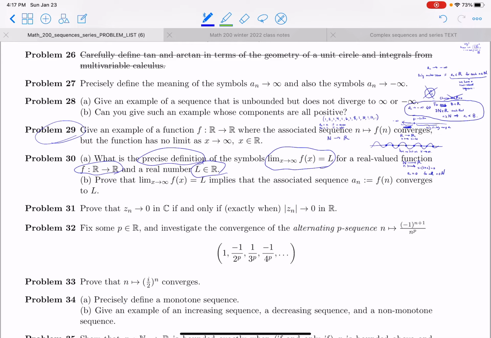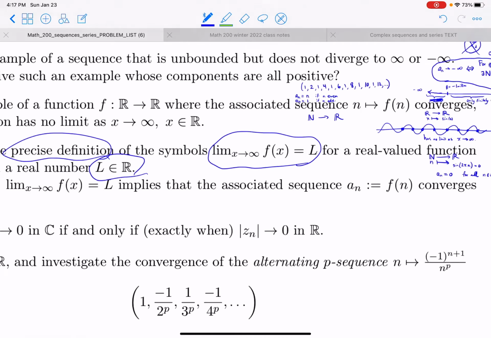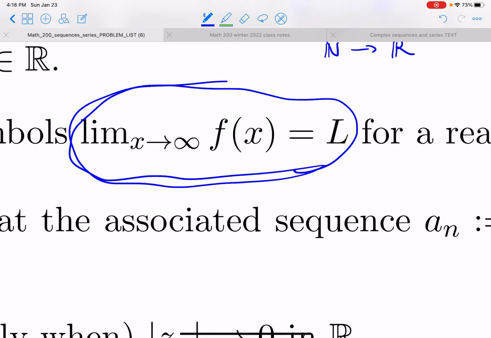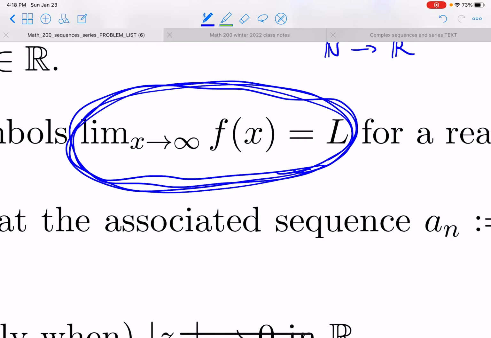It should be connected to pictures, to words, to intuition. This should take on some sort of meaning in your mind so that if somebody says, what does this mean precisely? In about 1 minute, you will be able to reconstruct the precise definition of these symbols. That's what I mean by memorize.